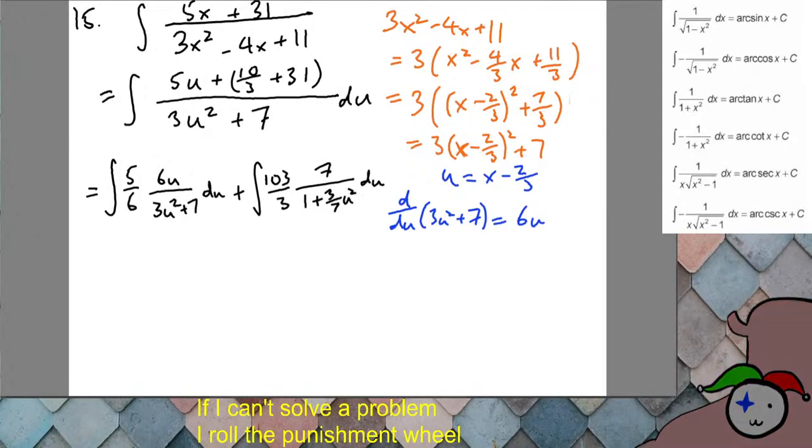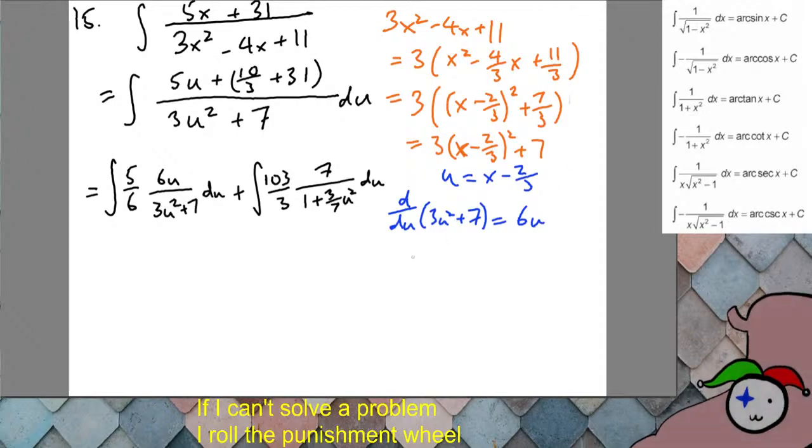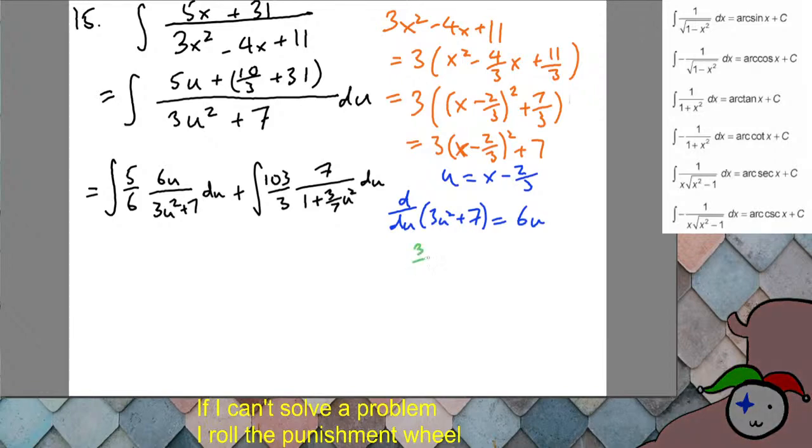So we can once again use a second substitution. 3 over 7u square equals t, well, t equals root 3 over 7 u, which means dt equals that times du, and then I have to write that out.